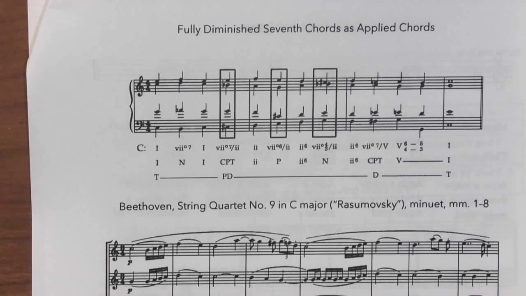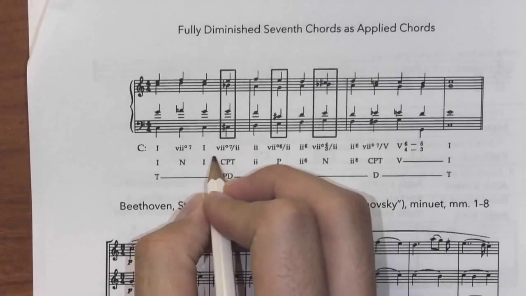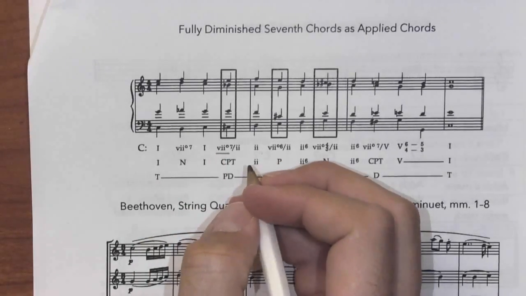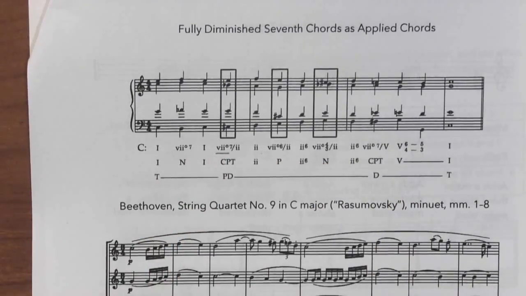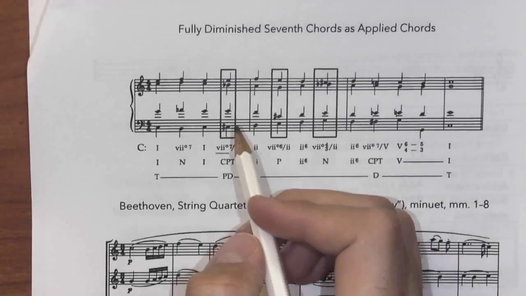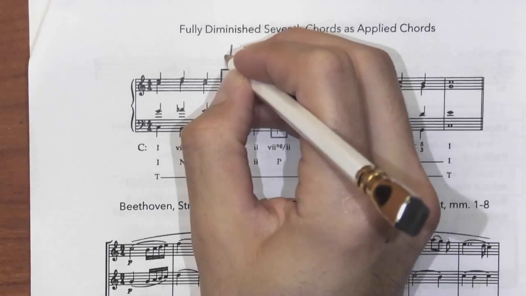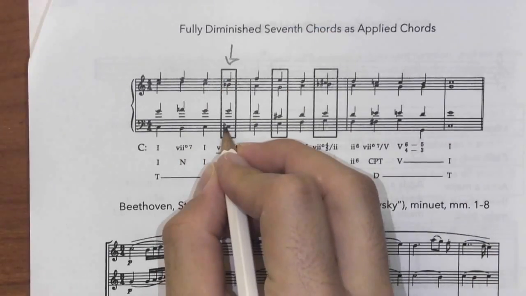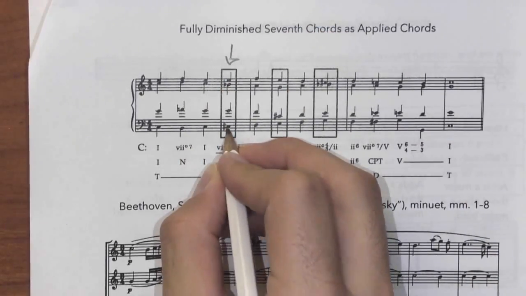So I'm giving you this, as I said, a hint. You will be asked, there are a couple of these on the exam, where instead of 5/7 of something, there is 7/7 of something. The rule of thumb with fully diminished 7 chords is almost always mismatched accidentals. You've got the raised bass tone.